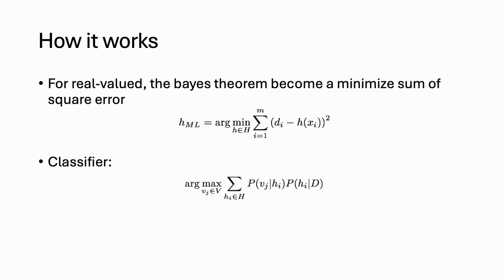For example, for classification, Vj will contain two values, 1 or 0, or yes and no.